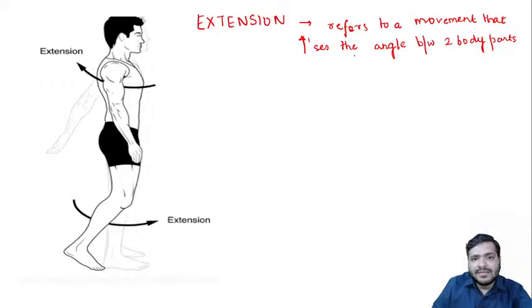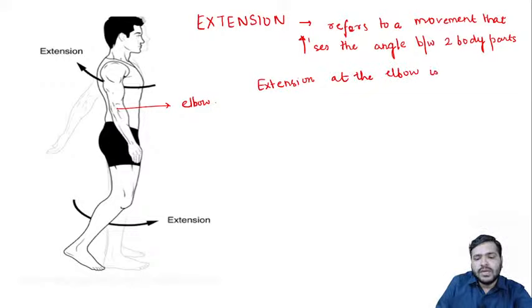Now you can easily see that we are talking about the elbow joint over here. If extension is happening at the elbow joint, remember the extension at the elbow is increasing the angle between the ulna and the humerus.